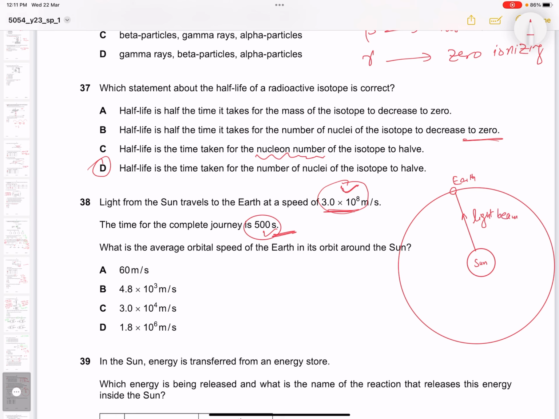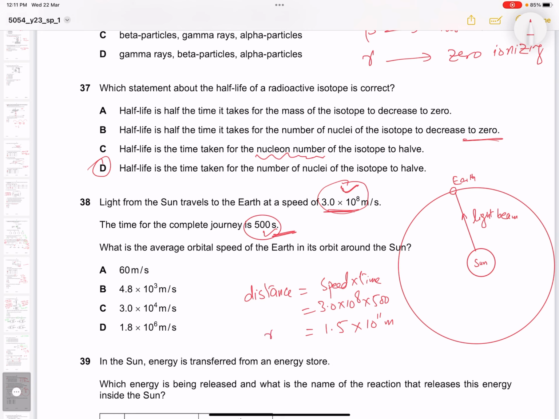So first let's find this distance: 3.0 times 10^8 multiplied by 500. So we will have the distance. It will come to 1.5 times 10^11 meters. This is the radius now.